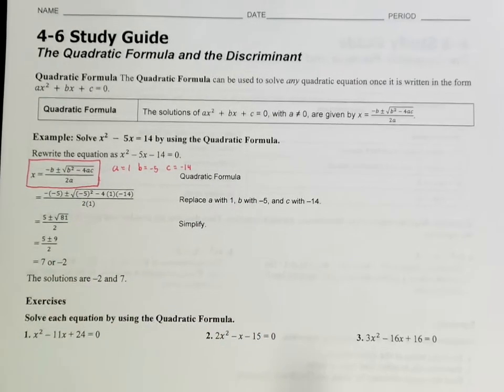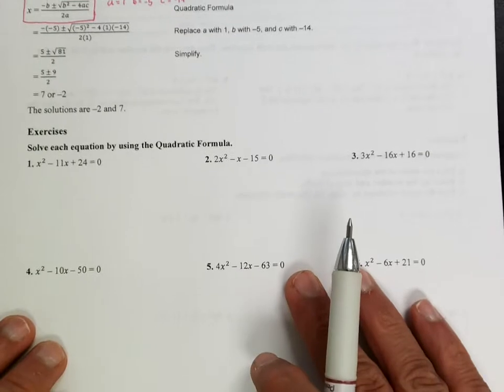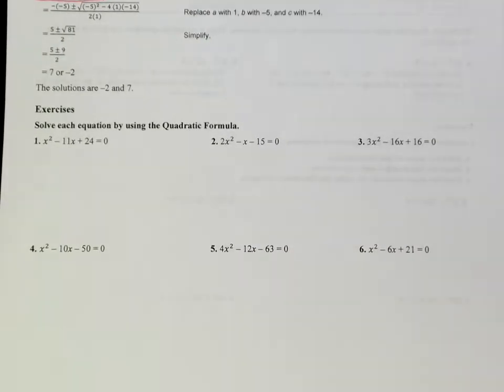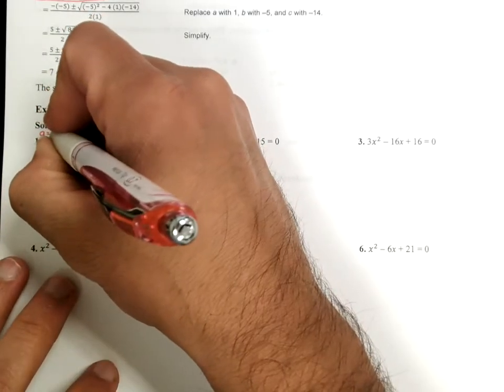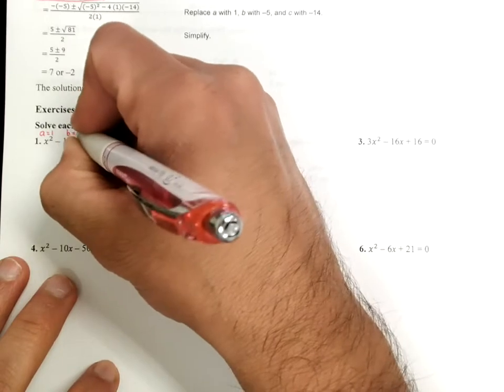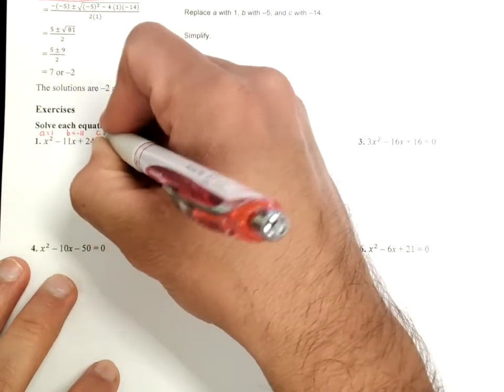Okay, so now we're going to go ahead and talk about a few of these. All right, so we're going to do some of this. On number 1, if you look at it, you have x squared minus 11x plus 24. Now they're asking us to use the quadratic formula to solve this. So in this case, a is 1, b is -11, and c is positive 24.